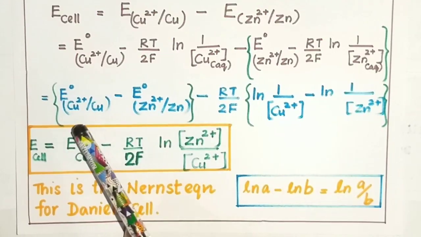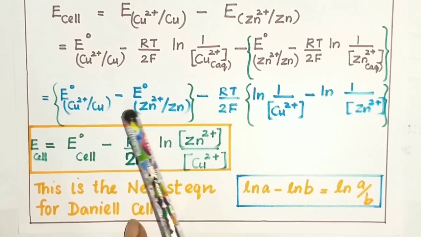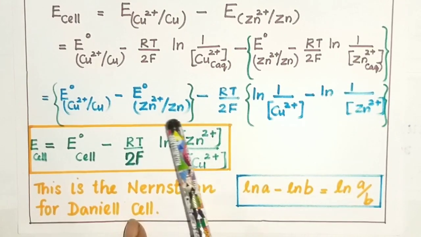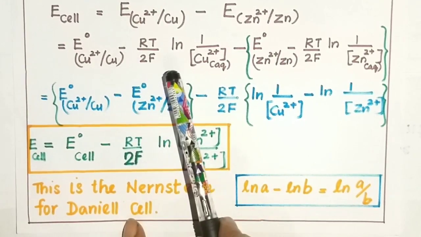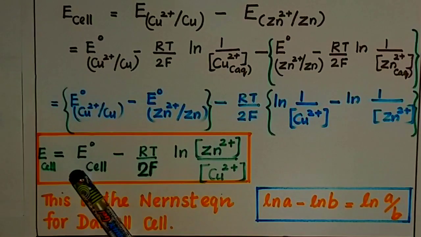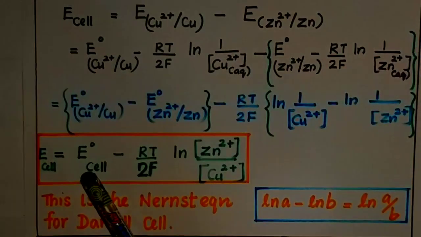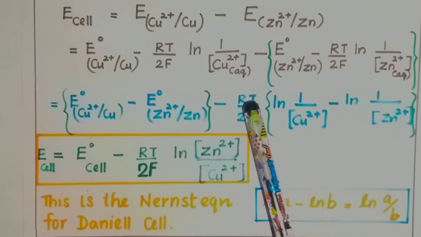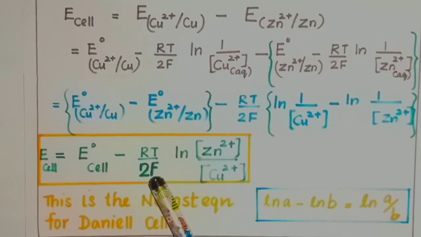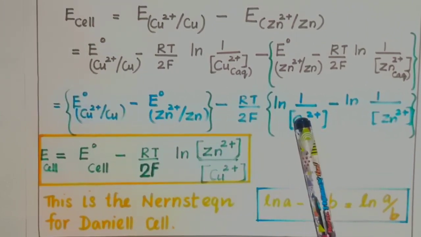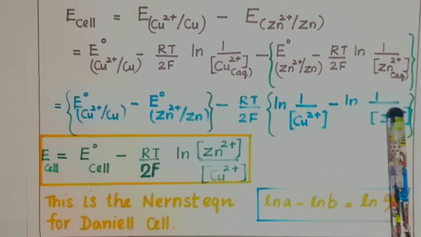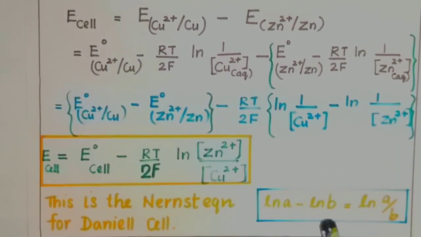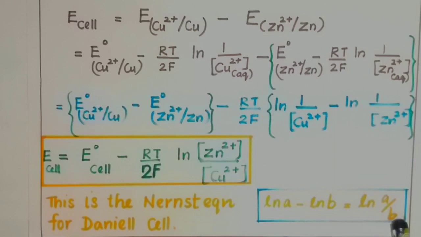Here E0 of Cu2+|Cu minus E0 of Zn2+|Zn is the E0 cell. E cell is equal to E0 cell minus RT by 2F into ln A minus ln B. You know ln A minus ln B is equal to ln A by B.